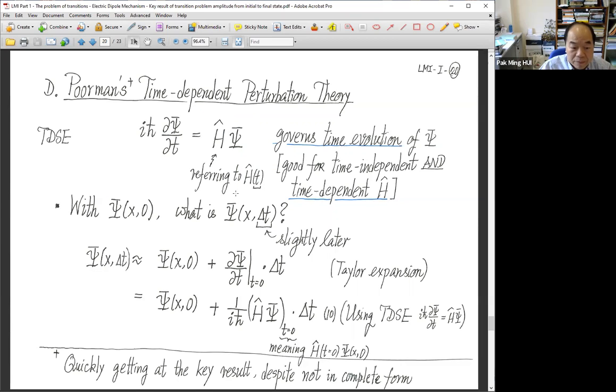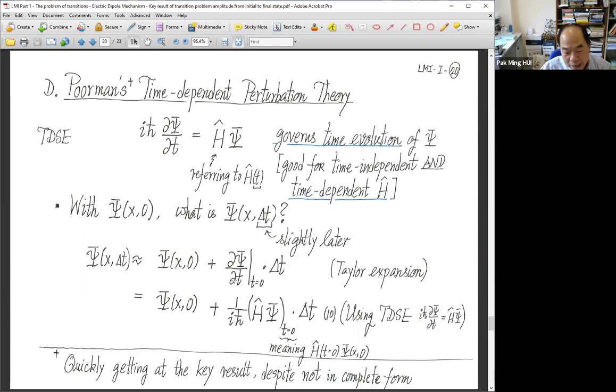Now, let's do Taylor expansion, okay? Because this is not far away from 0, formally it is no change, 0 order, then first order will be d phi dt times a little bit of time, okay? So the first line is the Taylor expansion of the wave function itself, okay?